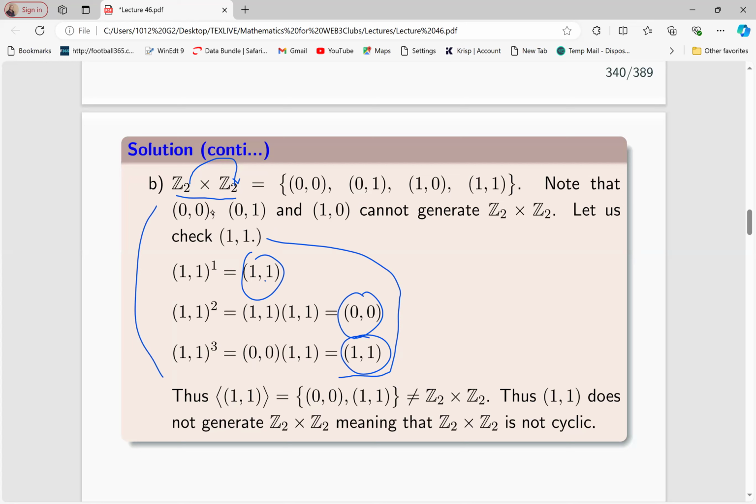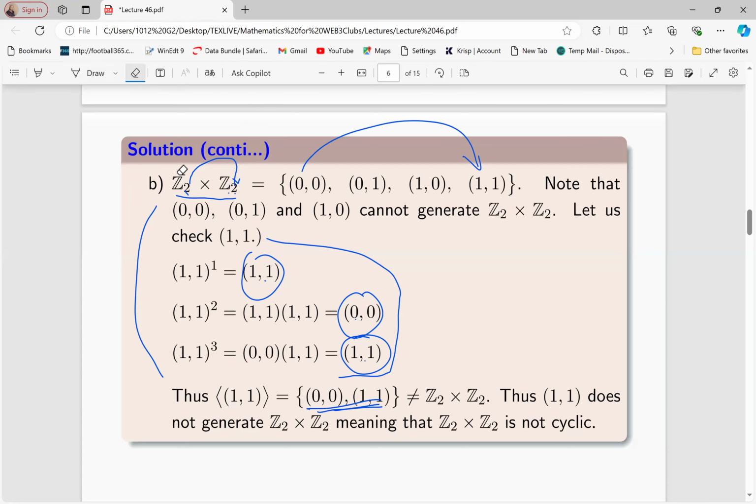You can see (1,1), (1,1), (1,0). So it's only generating 2 elements instead of 4, because 2 times 2 is 4. This group has 4 elements, but (1,1) can only give us 2. So once (1,1) fails, no other element would generate.